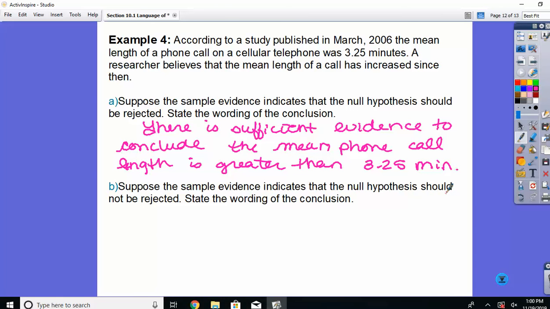Part B, suppose the sample evidence indicates that the null should not be rejected. So that doesn't mean I say the mean phone call length is 3.25. I'm just saying there's not enough evidence for me to believe otherwise.